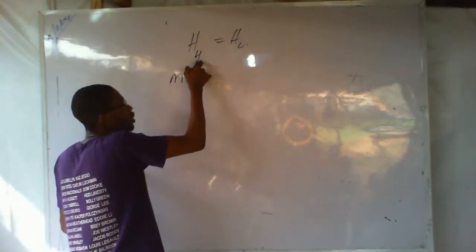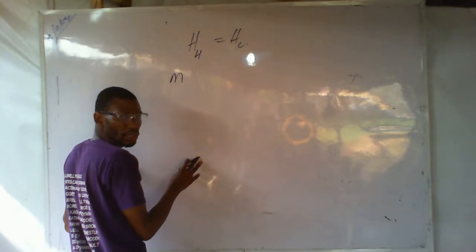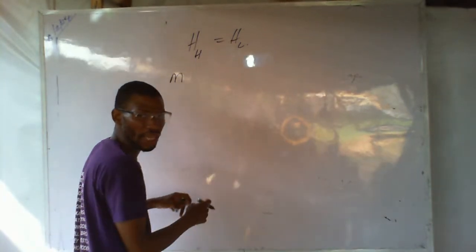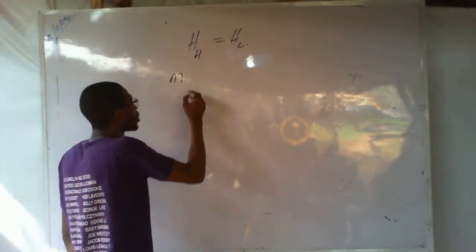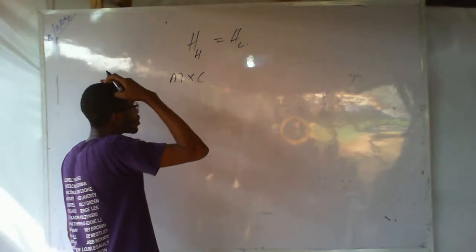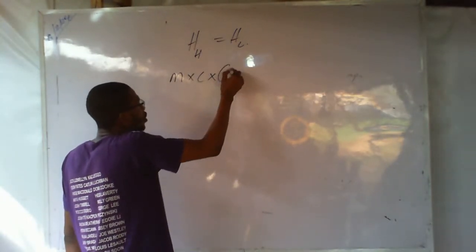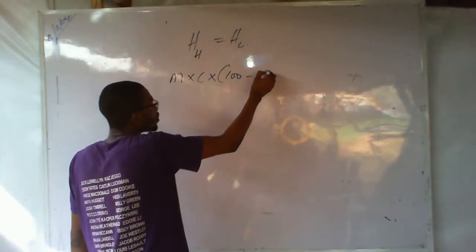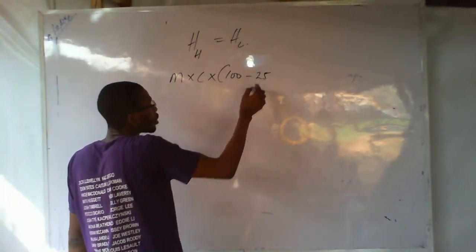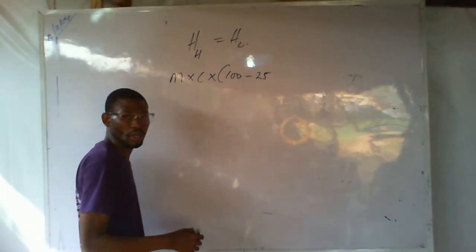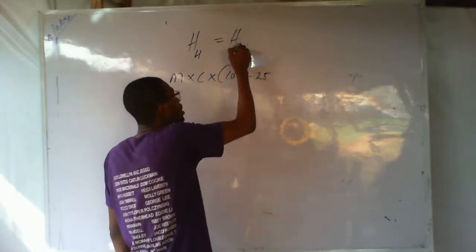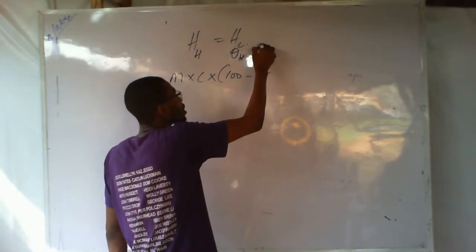By what are you giving there? You are giving the change in temperature. Yes, times 100 minus what? 25. That's the steady temperature now. Yes, steady temperature, that's theta H minus theta now.